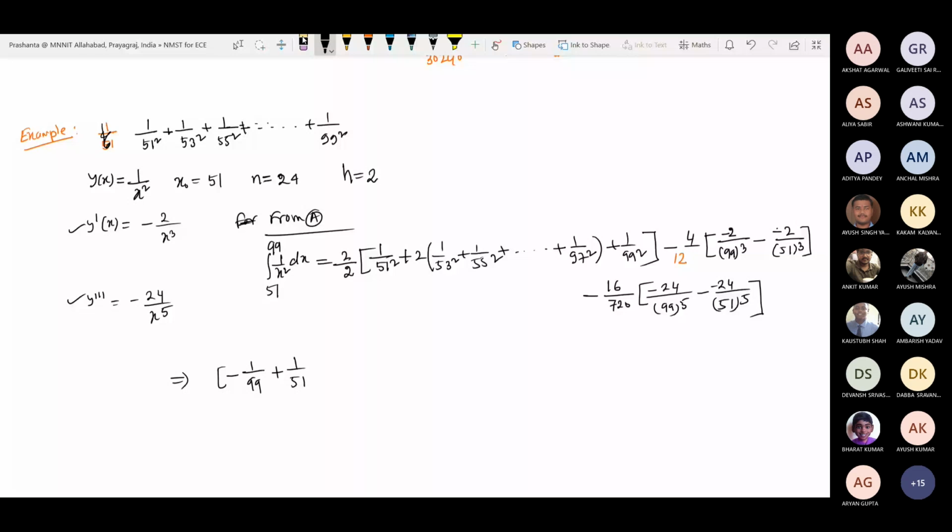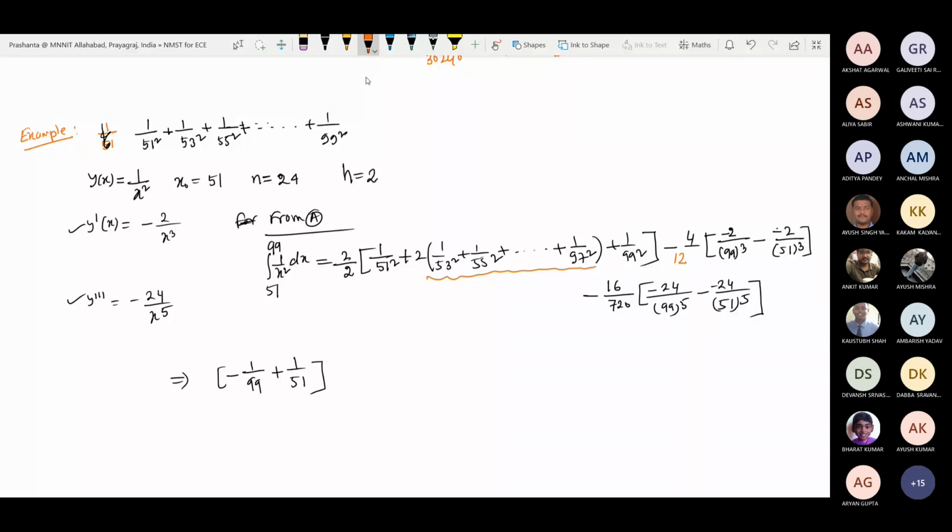And what is on the right hand side? Now if you want to make the given series, since the intermediate terms are added twice, let us make the whole thing symmetric. So we add one more 1 by 51 square and 1 by 99 square, and then you subtract that value, so that it will be 2 times the whole series.